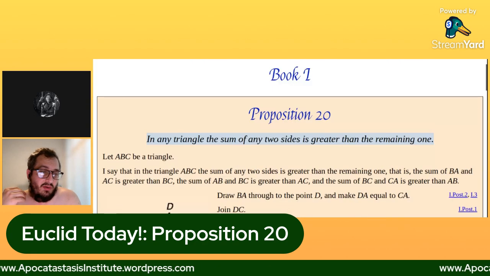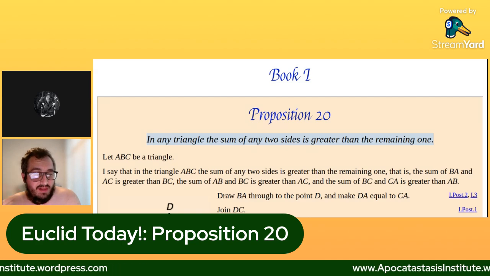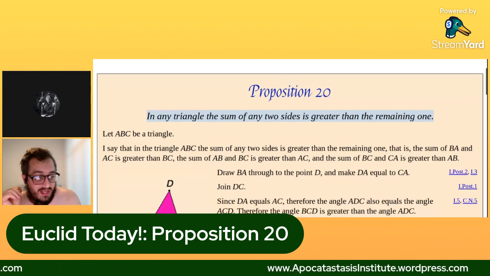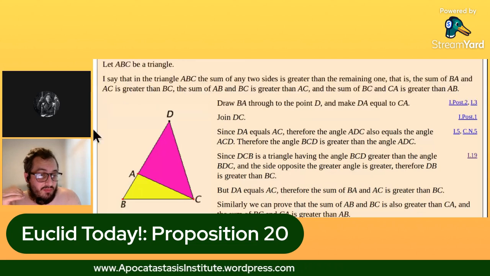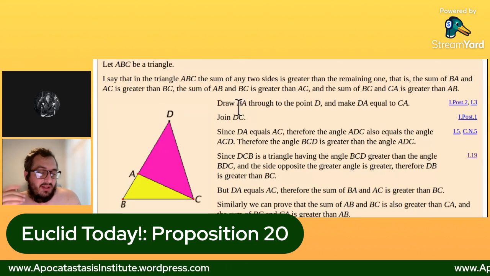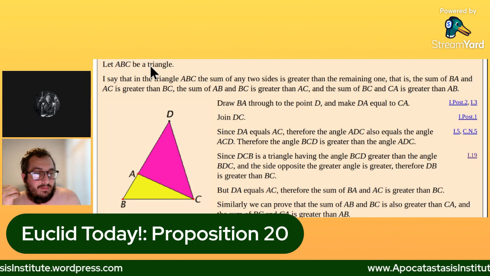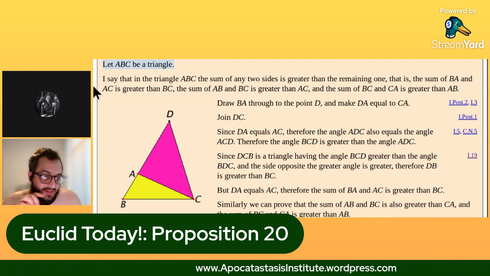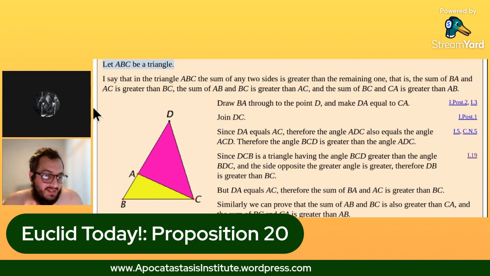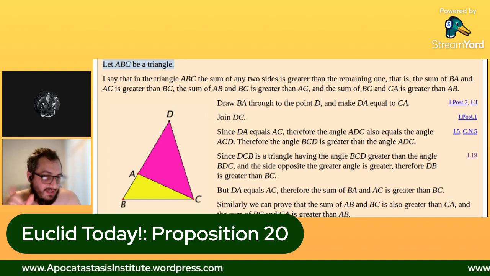All right, so we're going to start off with ABC, which is the little yellow triangle. And we're going to construct the magenta triangle on top, ADC, by taking the side AC and extending AB by that length.